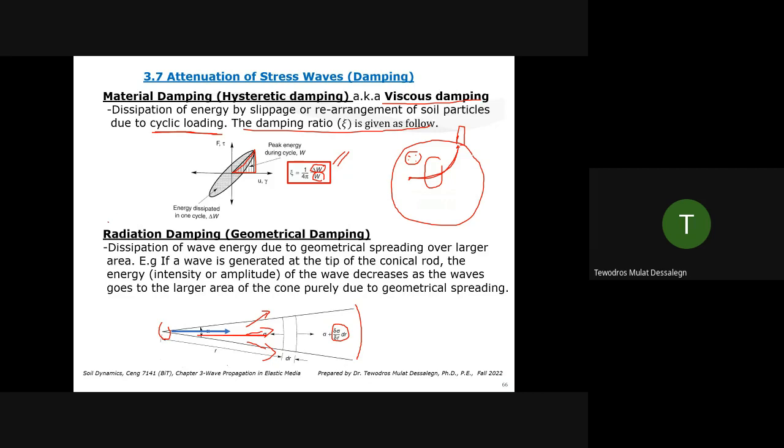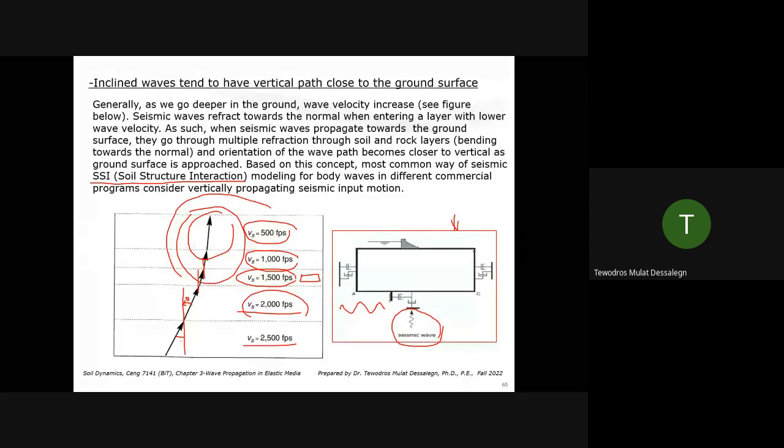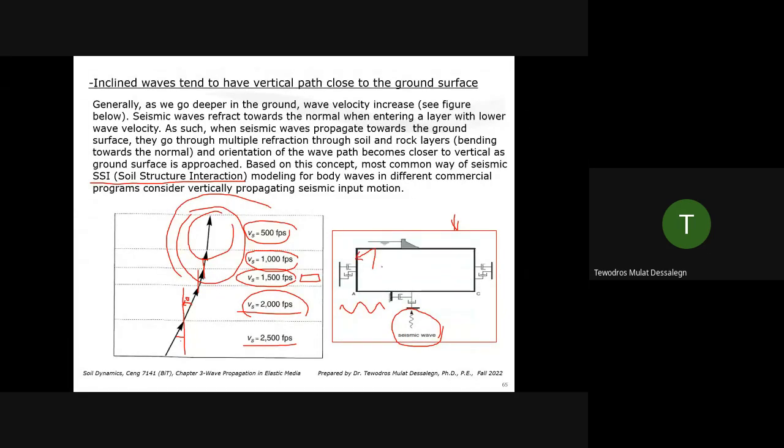This is the same damping Alex asked me about last time. Most of the time you don't see this being included in finite element models. The reason is, if you already have a model included, it means a wave entering here can be spread out. It goes out in all directions. So you already have it.